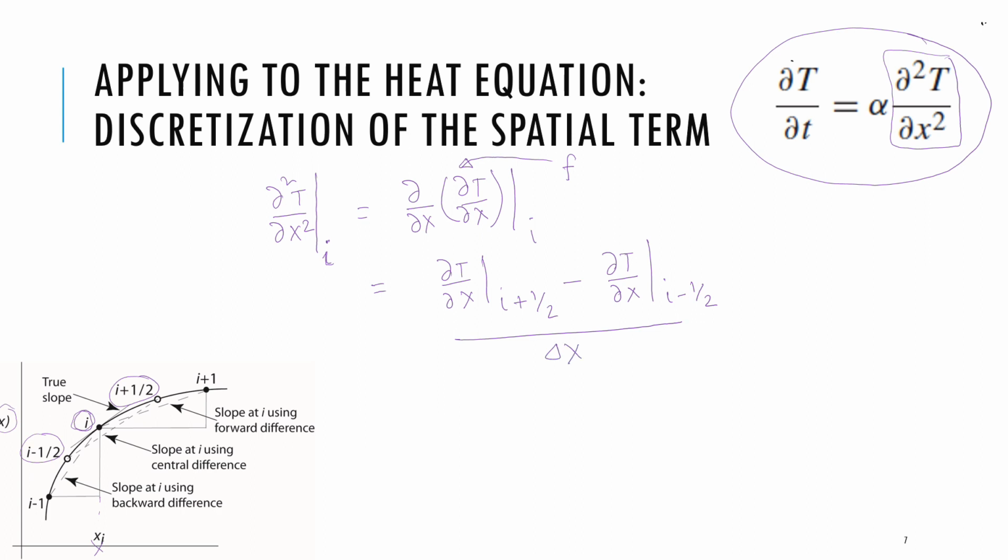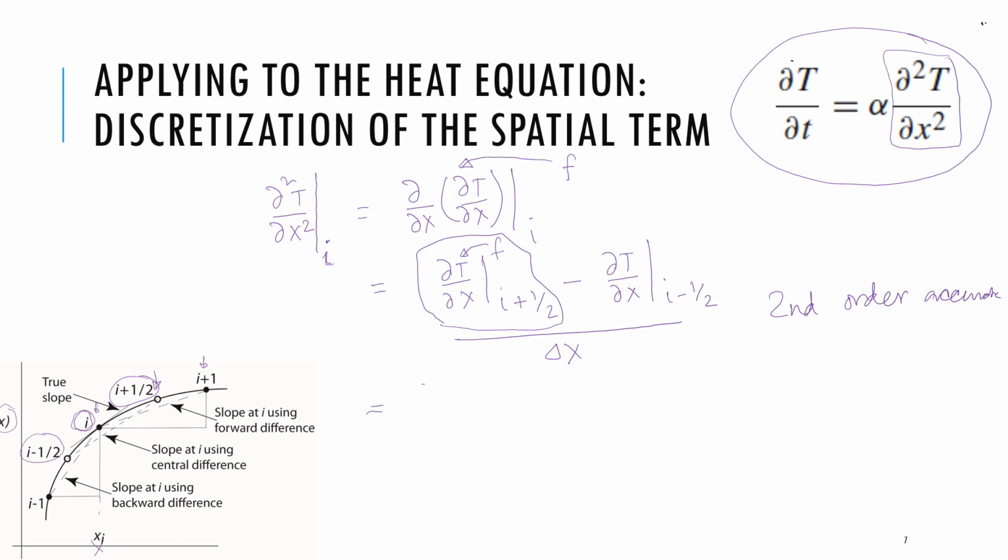That's the central difference, and it's second order accurate. That's what we saw before, and now we repeat the process. So now this time the function would be T. So I write the first one, this one. We're at this location here, and we're going to do central difference. So we'll go half step this way, in terms of this value and this value.